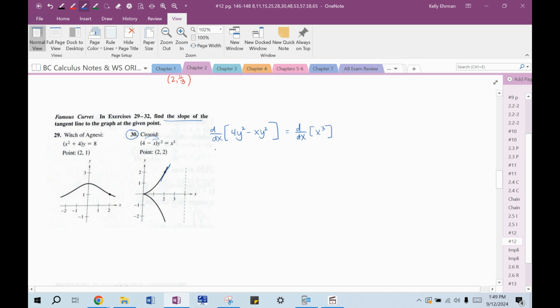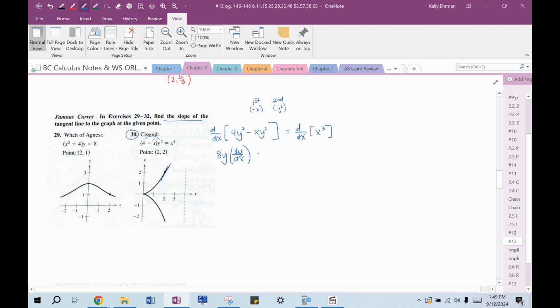So the derivative of 4y squared is 8y dy dx. And then when I'm doing a product rule and there's a subtraction here, I always think of, you know how we say first times derivative of the second? So I consider the first function to be negative x and the second function to be y squared. And that way I don't have to remember to distribute a negative through at the end.